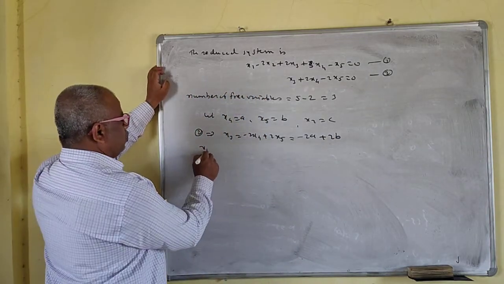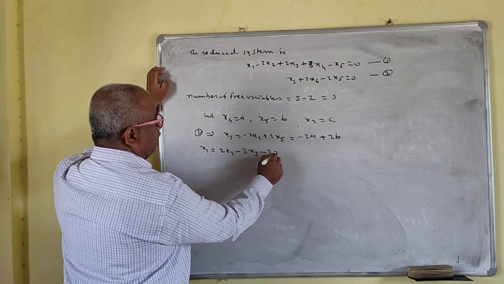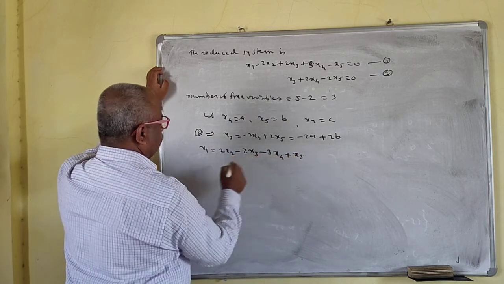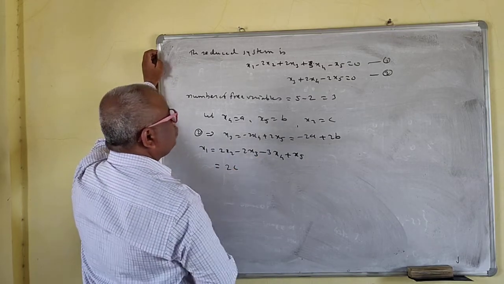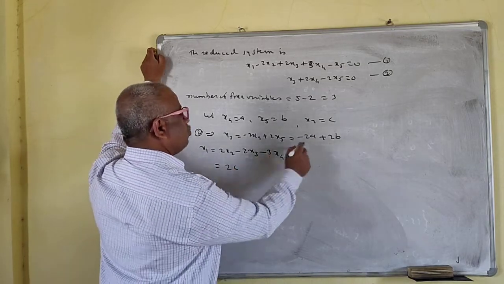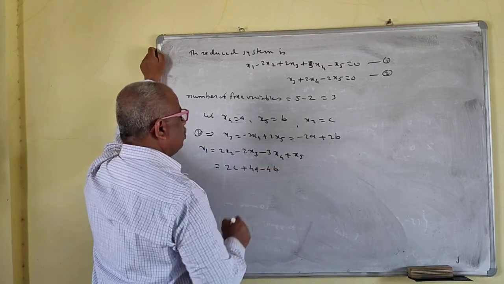So x1 is equal to twice x2 minus twice x3 minus 3x4 plus x5. Twice x2 is twice C, minus twice x3, so you have to multiply by minus 2 here, so plus 4A minus 4B.